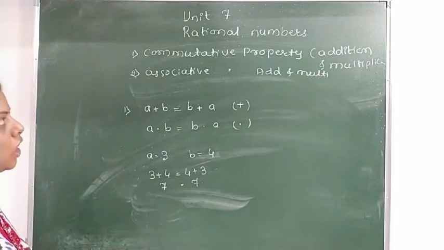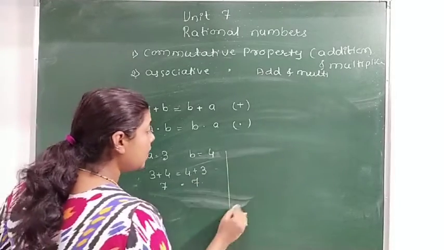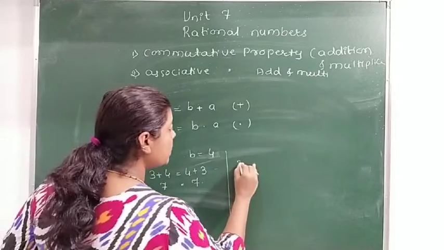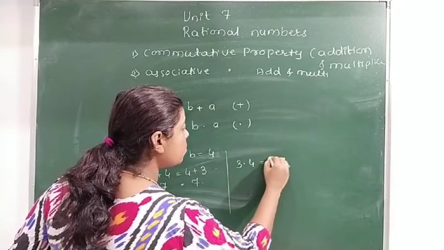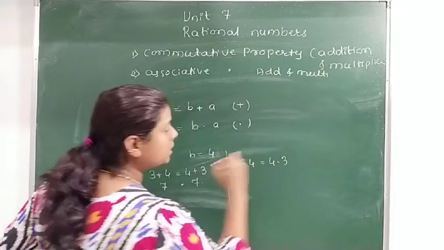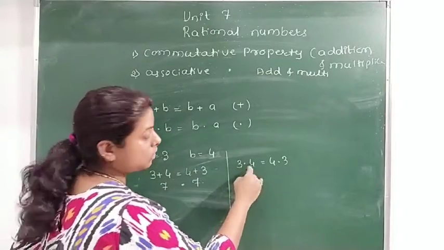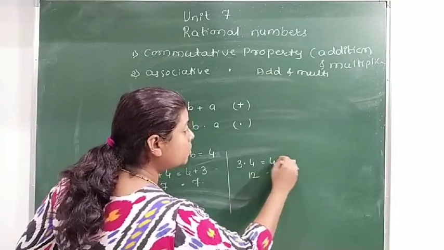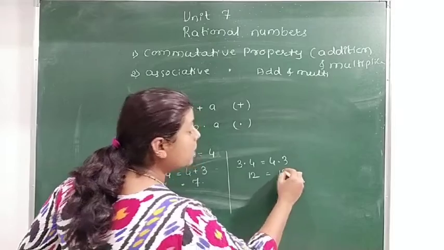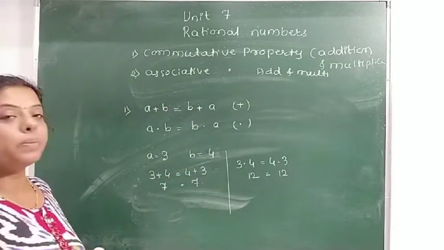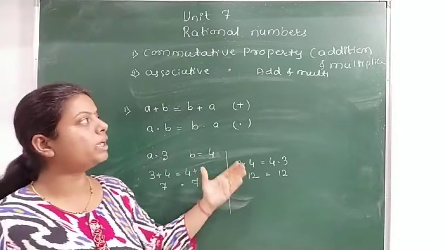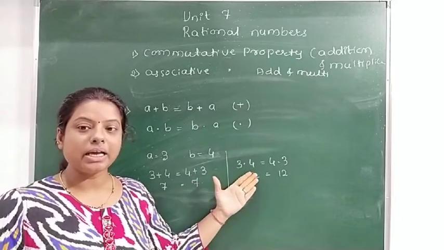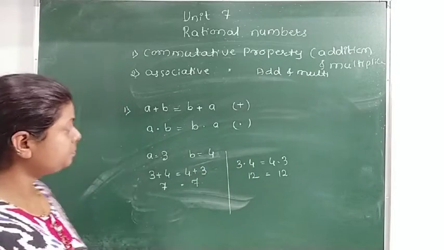This is the commutative property. In multiplication also, 3 into 4 is equal to 4 into 3. 3 into 4 is 12. 4 into 3 is again 12. Means the commutative property holds good for addition as well as multiplication.